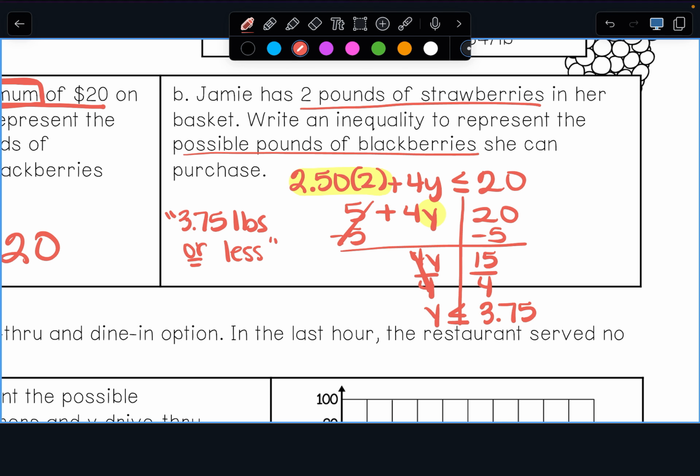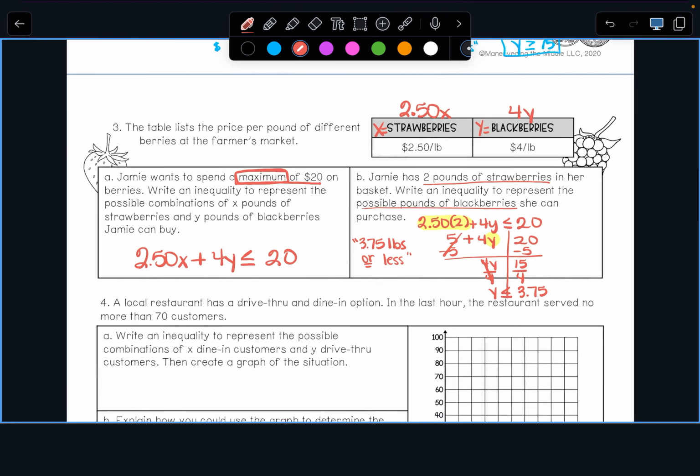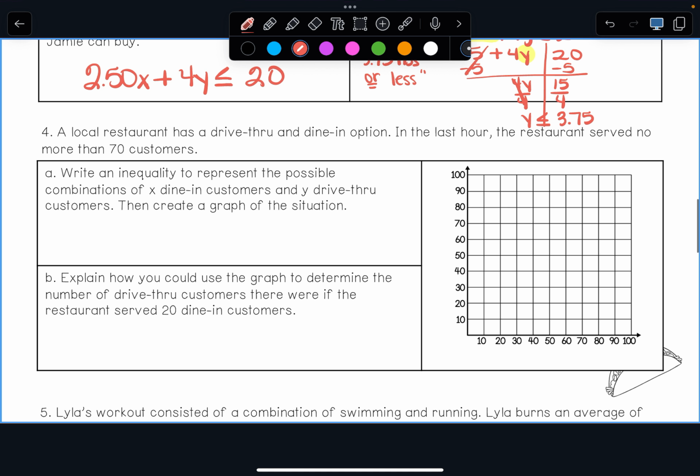Number 4, a restaurant. A local restaurant has a drive-through and dine-in option. In the last hour, the restaurant served no more than 70 customers. So, I'm actually going to move that word over. That's important to know. Write the inequality.